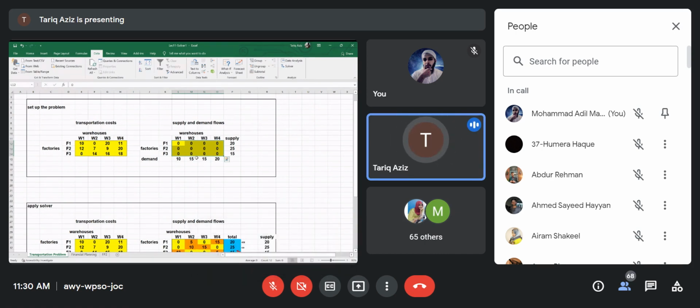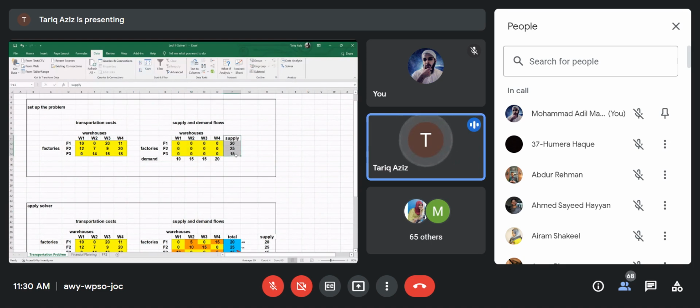Minimization of the cost is one of the objectives of every firm, because management is nothing but doing things efficiently and effectively. If we are not able to minimize the cost, that is not good from a management point of view. So the objective here is to minimize the cost.